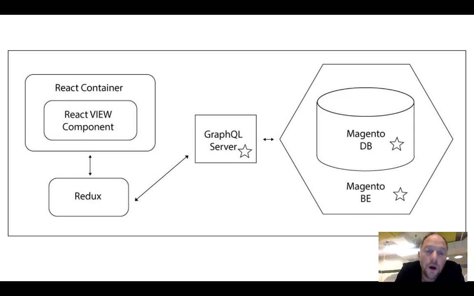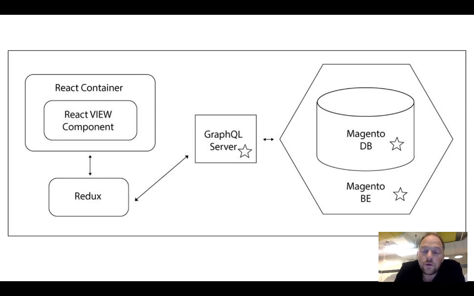And then we hard-code these responses on the GraphQL server level. So your React team develops React view components as usual, React containers as usual, and Redux as usual. They talk to the GraphQL server as if this feature is already available, but we're just serving mock data from Magento.